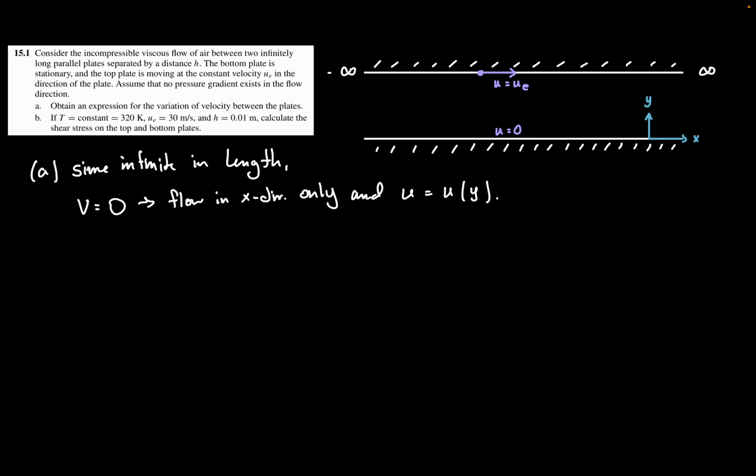So this will actually impact the x momentum equation for a boundary layer. Let's write that out real quick. We'll say x momentum, and this equation is going to start out with the substantial derivative.